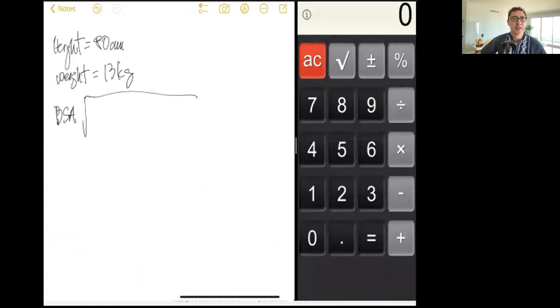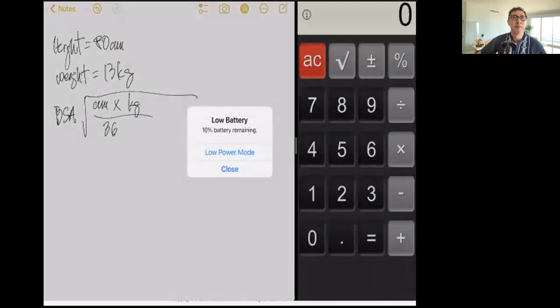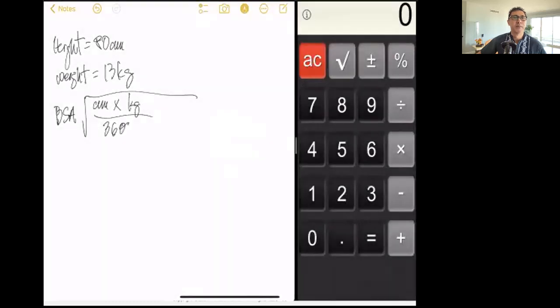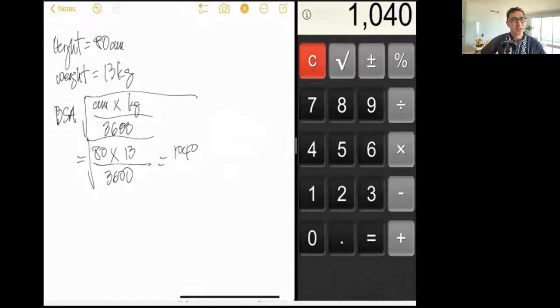BSA, body surface area, is the square root of height times weight over 3,600. 80 times 13 kilograms over 3,600, square root of that. So far, we're working with simple math here. Nothing complicated. Actually, there's nothing complicated with any of this math.